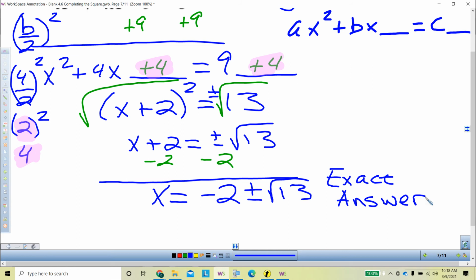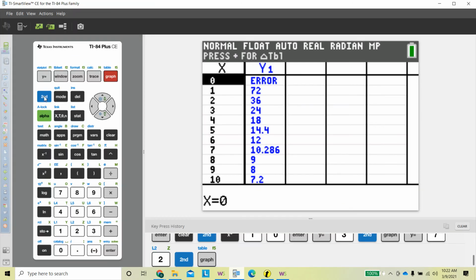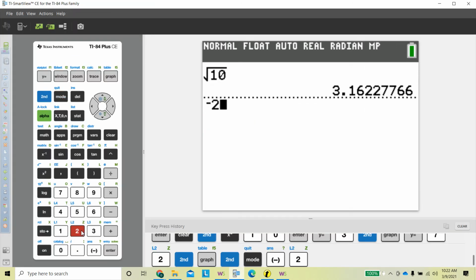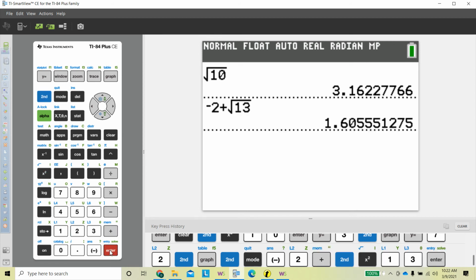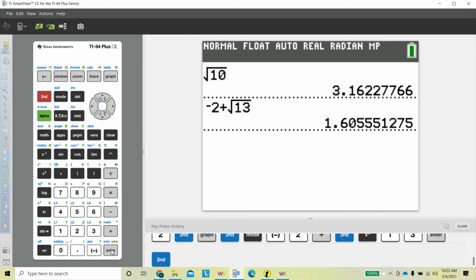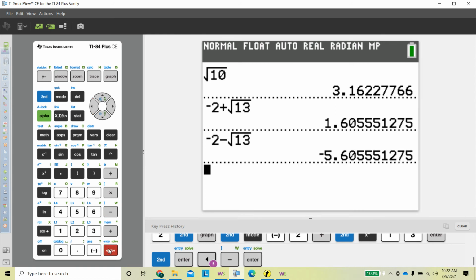So let's say the book wanted you to give a decimal answer rounded to hundredths. I will never ask you to do that because the exact answer is better, but just in case it happens, so you can see it, you just go to -2 plus second x squared, 13, and you can see the decimal keeps going forever, so 1.61 rounded to hundredths, and then I can go second enter, and just go back and switch the plus to a minus, hit enter, -5.61.